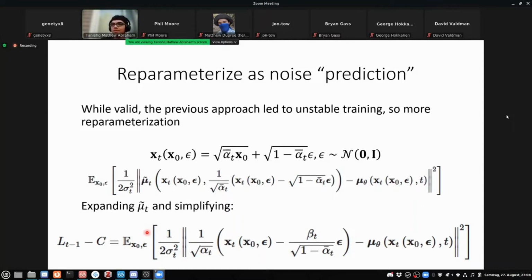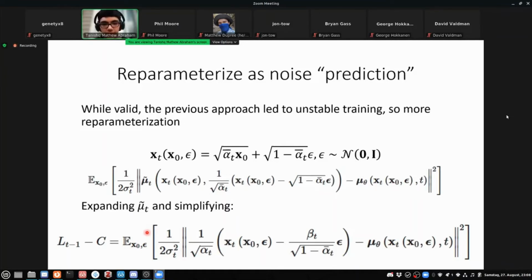There are a couple of different ways you could reparameterize this, and noise prediction is the one this paper uses.